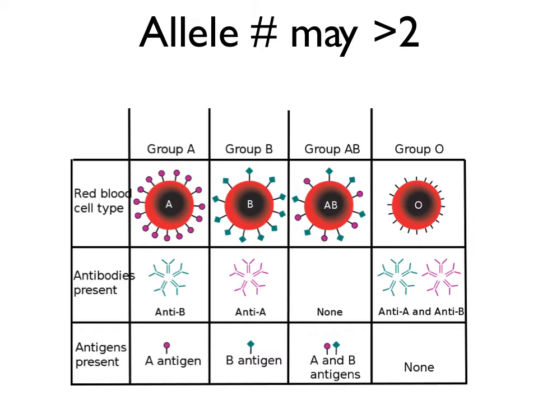And so what we're seeing here is two important concepts. We are seeing the illustration of codominance, but we are also seeing that, unlike most systems we've talked about so far, in human blood type, there aren't two alleles. There are three alleles for this gene. Each of your parents can only give you what they've got, but you could receive from your parents an A allele, a B allele, or an O allele.